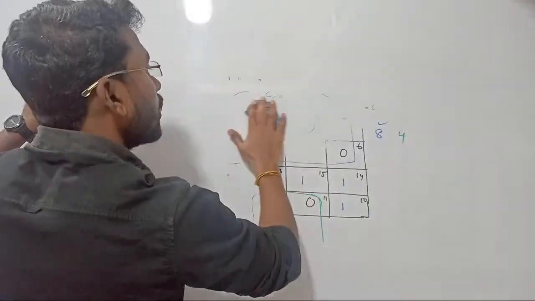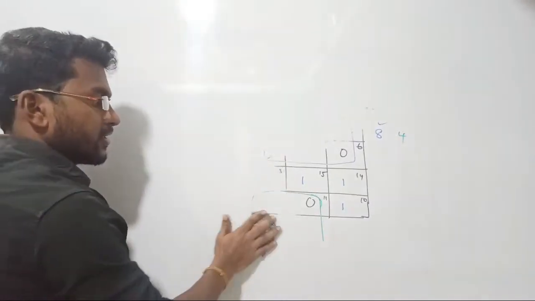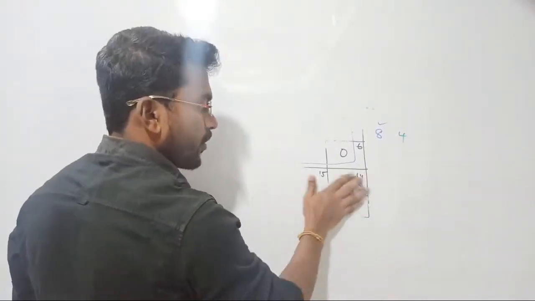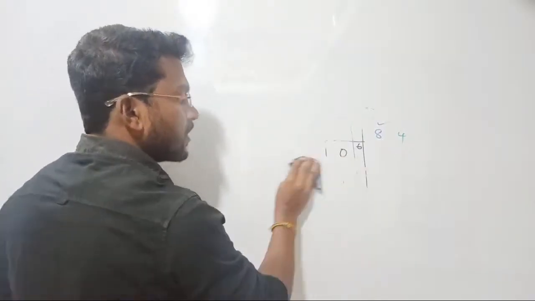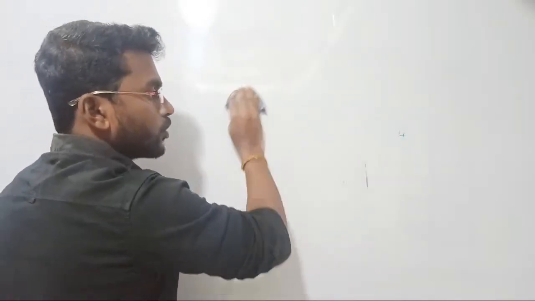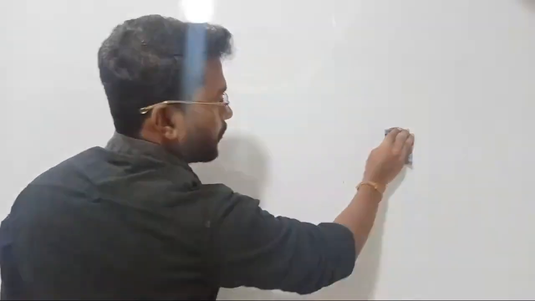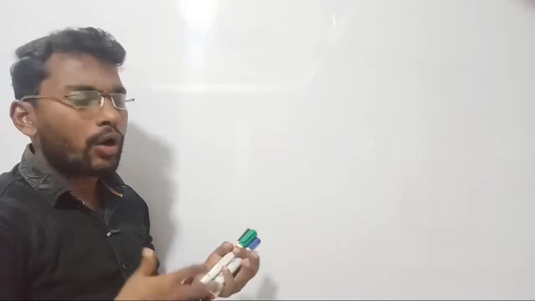Okay guys, now what we have understood till now is how to write the expression in POS and SOP forms, right? Now our next target is, suppose I have given you a POS and you are supposed to write its equivalent SOP, or if an SOP is given and they ask for its equivalent POS, how will you write the form?